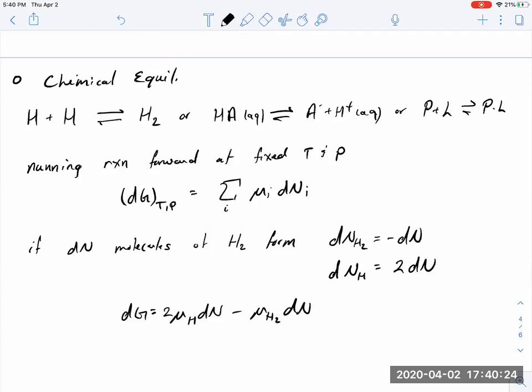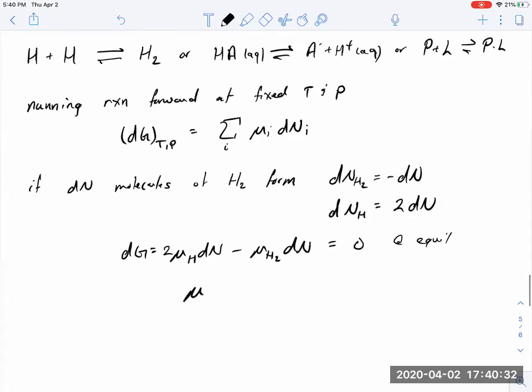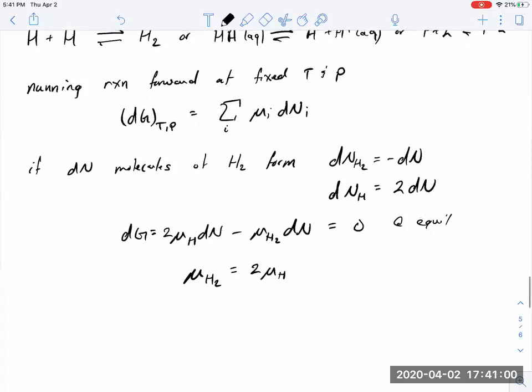At equilibrium, that has to be equal to 0, which means that the chemical potential of H2 must be equal to twice the chemical potential of H. So the condition of equilibrium when I'm repartitioning mass, say between two chemical species, is going to depend on stoichiometric numbers, like how many species are produced when I run the reaction forward, how many are consumed when I run it backwards.